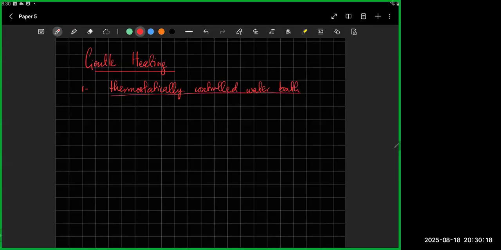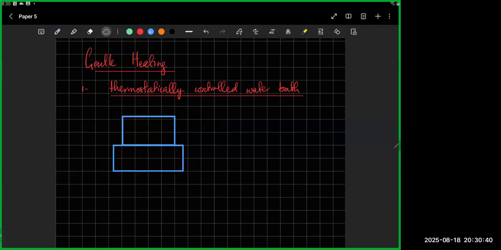Yeah, that's a thermostatically controlled water bath. There are two ways of doing that. What's a thermostatically controlled water bath? There is one which is electric. The electric one is going to have a water bath.